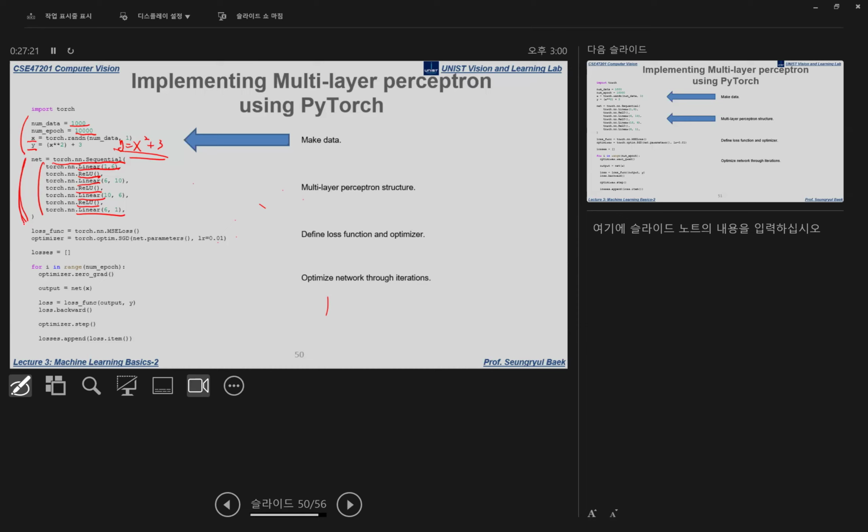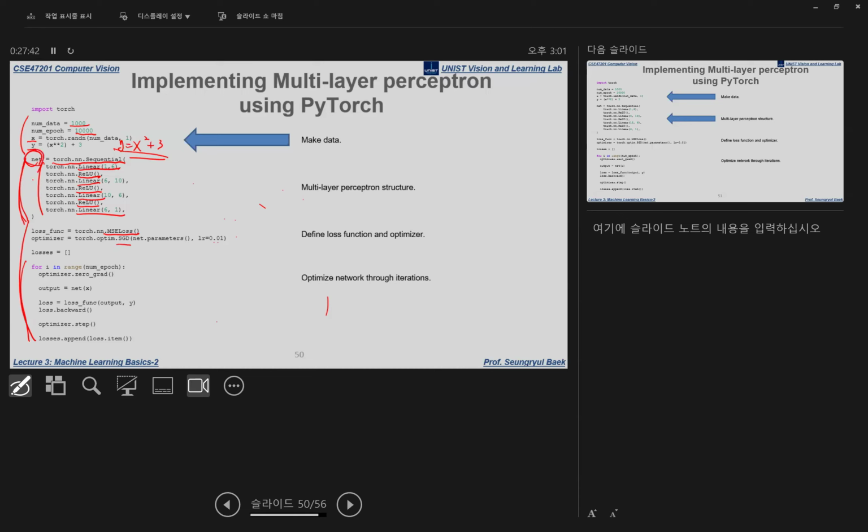And this becomes the entire network architecture. Using exactly the same code as before, the same loss function, the same gradient descent optimizer, and the same iterations, we will train this net architecture.